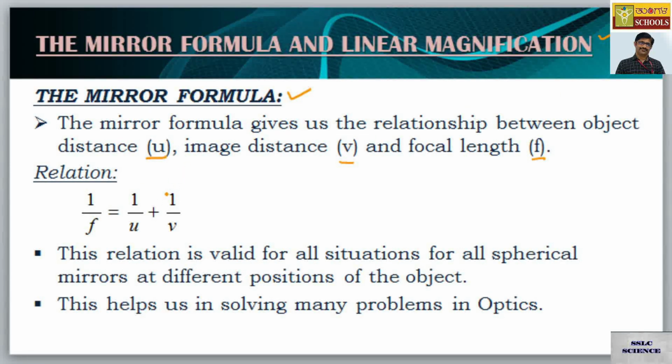So it can be related as 1 by f is equal to 1 by u plus 1 by v. This is the relation, and this is known as the mirror formula. This relation is valid in all situations, for all spherical mirrors at different positions of the object.